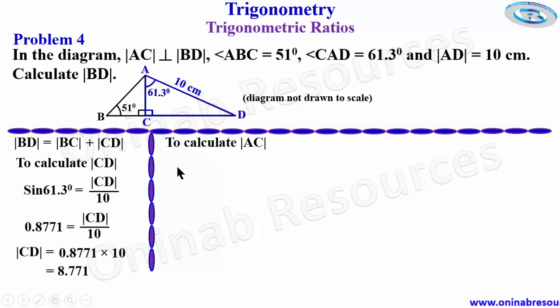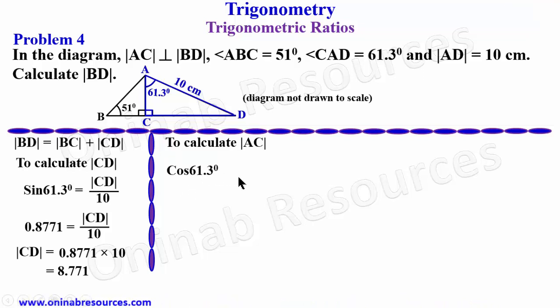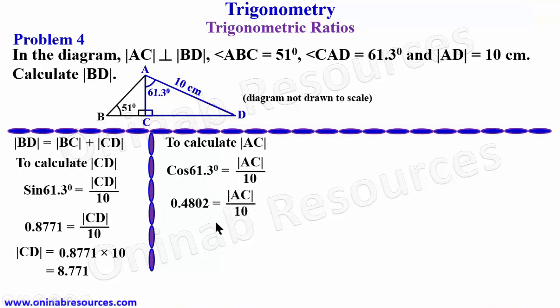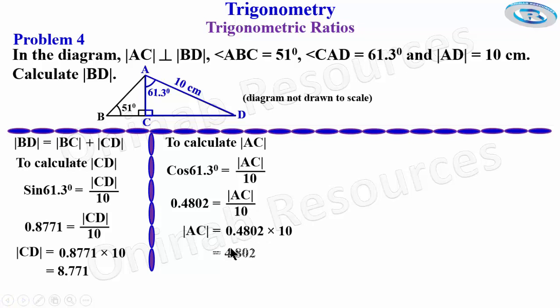So we have cos 61.3 degrees is equal to the adjacent, which is AC, over the hypotenuse, which is 10. The value of cos 61.3 degrees is 0.4802, equal to AC over 10, where AC is 0.4802 times 10, and that gives 4.802.